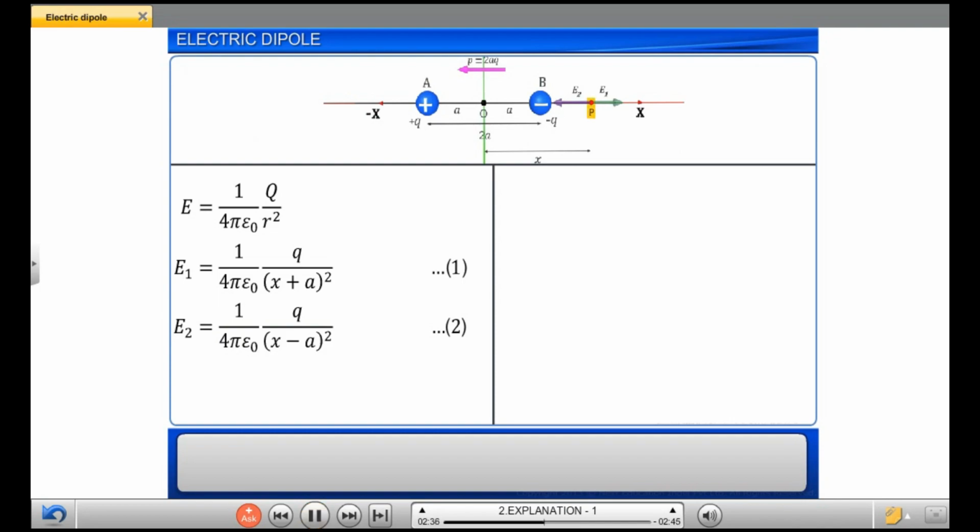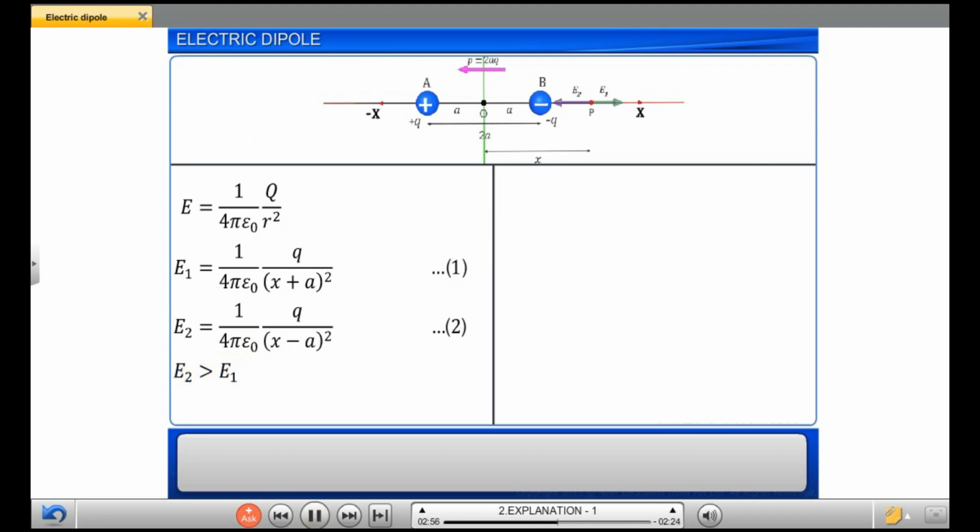The point P is nearer to the charge -Q than the charge +Q. As the distance of the point P from -Q is lesser than that from +Q, the magnitude of the electric field strength E2 is greater than E1.